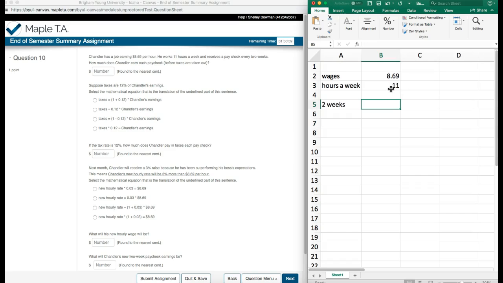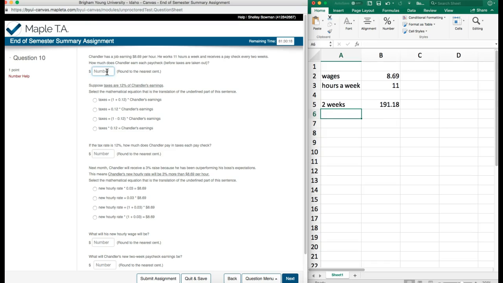So what he gets paid will be how much he gets paid per hour, multiplied by the number of hours, but also multiplied by 2 because he gets paid every 2 weeks, and round that to the nearest cent, so we have $191.18.